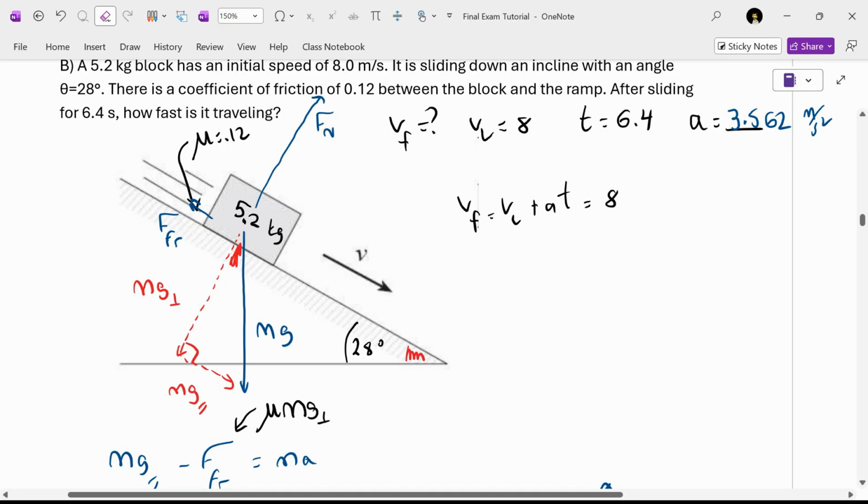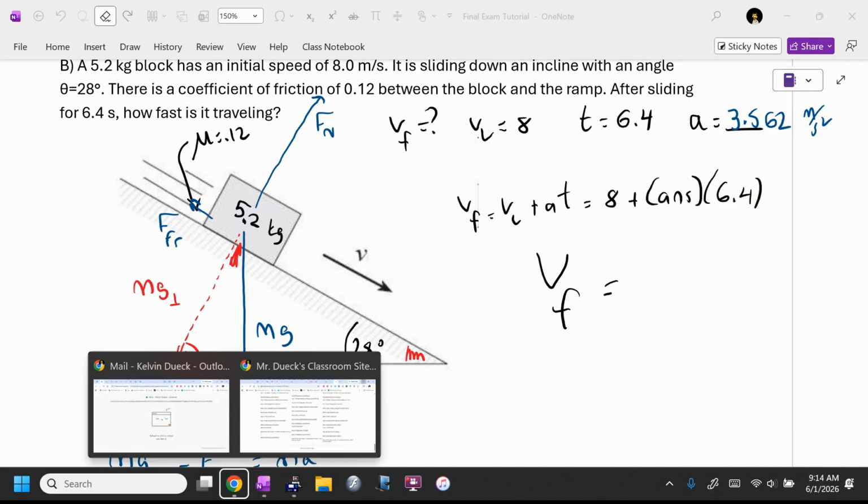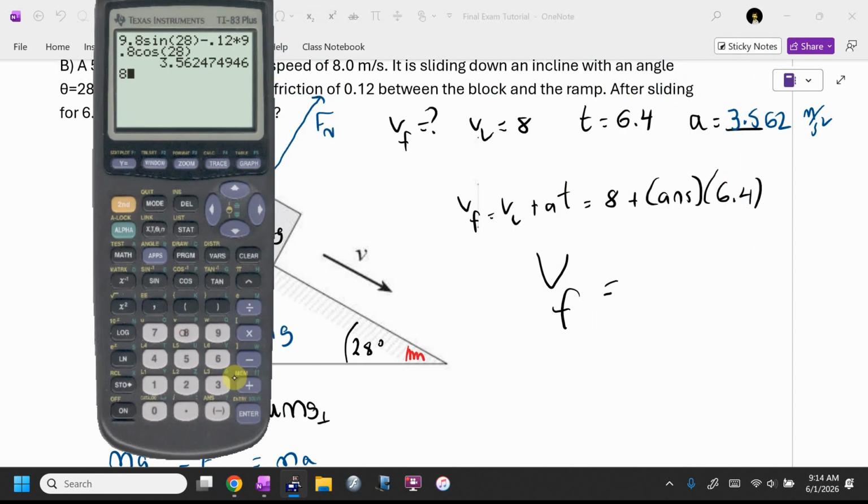It's going to be 8 plus my answer button times 6.4. And I get 30.8. Is that correct? Meters per second.